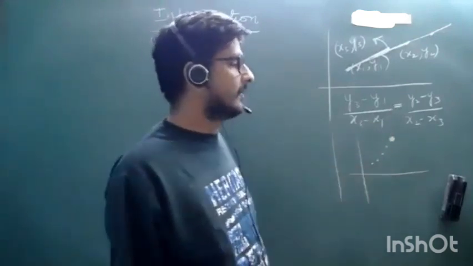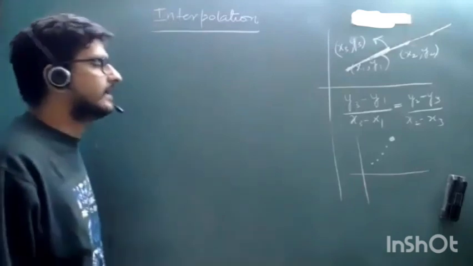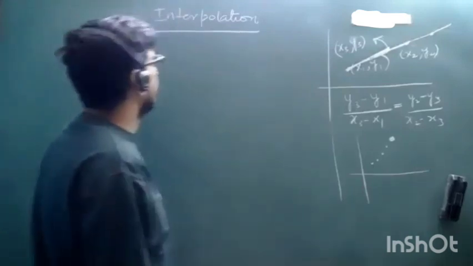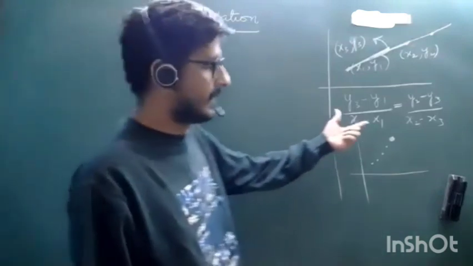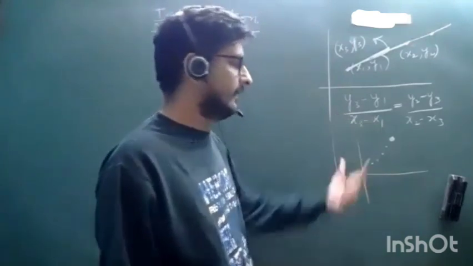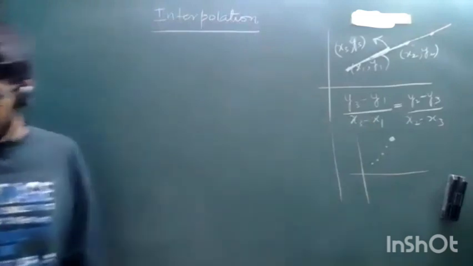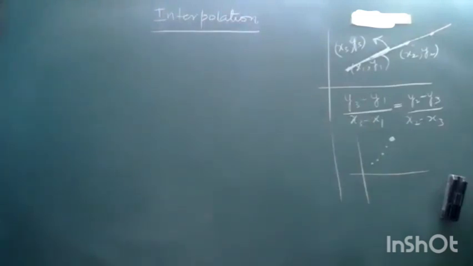By using that interpolation technique, we can get the value of that point, and that is what is known as the interpolation method. So this is also a kind of interpolation. It is very simple, but we will read more complicated methods of interpolation, and in that we are interested in the formula known as Newton's formula for interpolation.